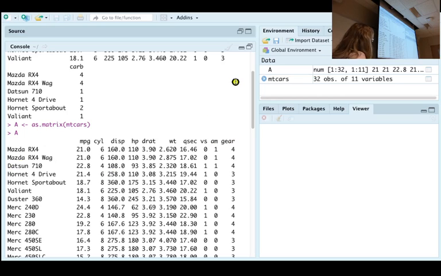Notice that R recognizes mtcars as a data frame, telling you how many observations of how many variables. A is now just numerical with 32 rows and 11 columns. And you will not lose row and column names when you go back and forth.